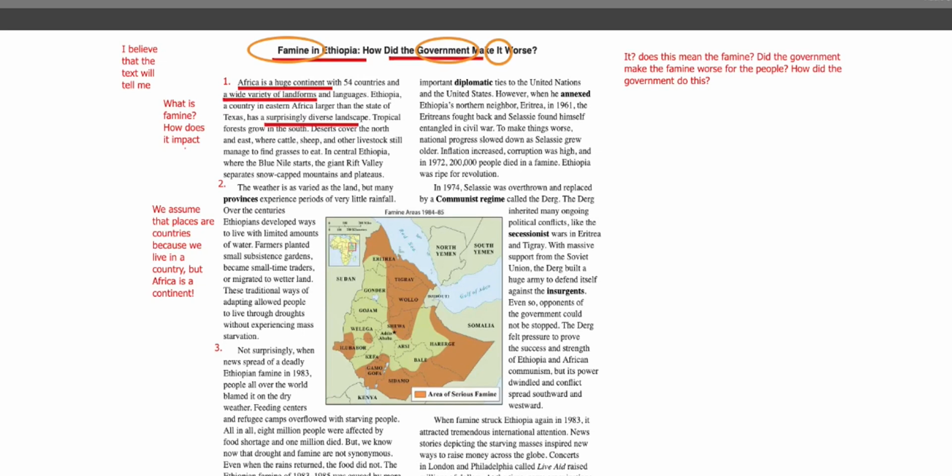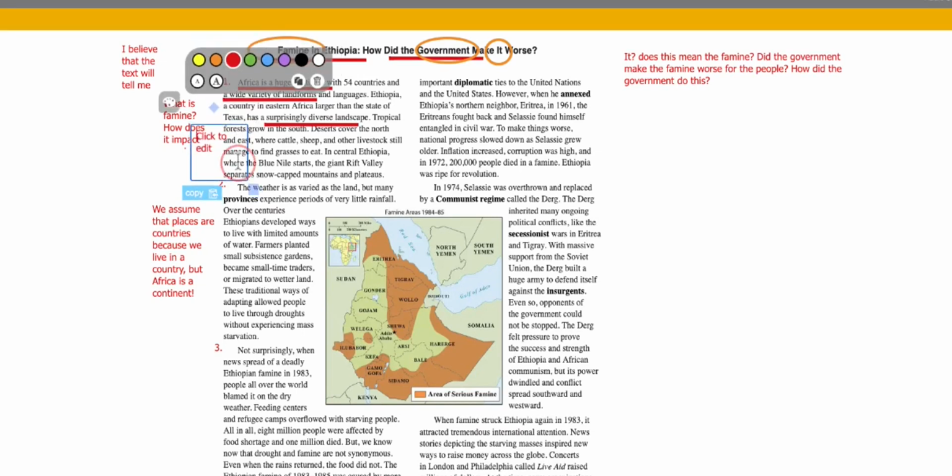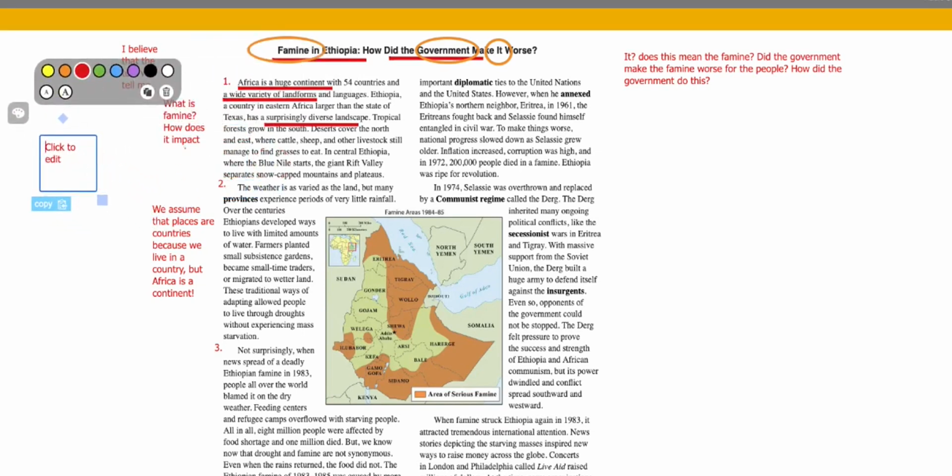So the reason why I highlighted both of those is because I believe, since it's mentioned twice, that landscape and landforms are important to understanding famine, the famine in Ethiopia.